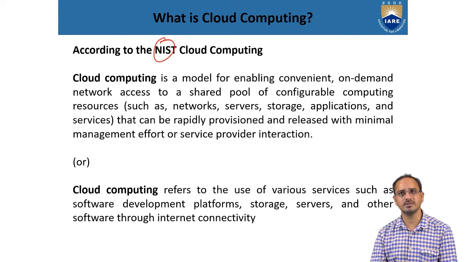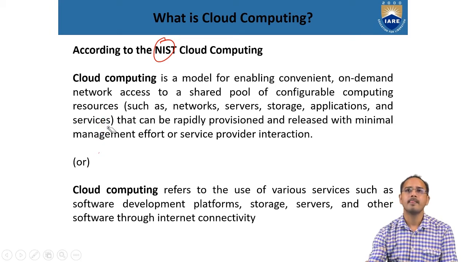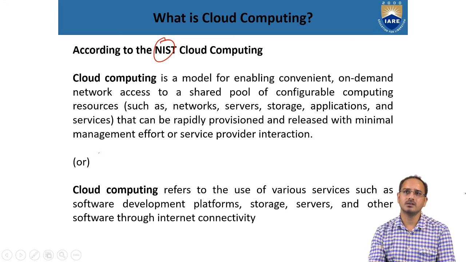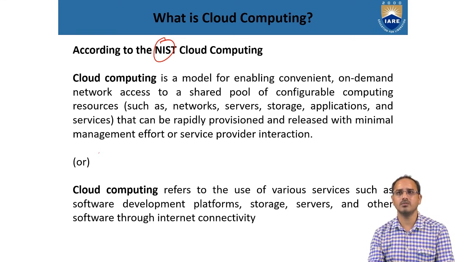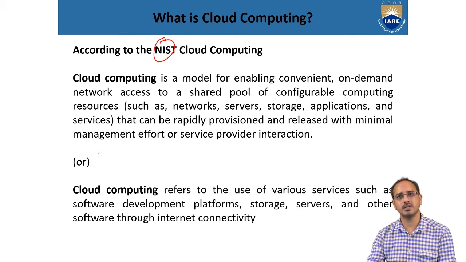The pool of resources is what we have seen: networks, servers, storage, applications, and services. The shared pool of resources is configured together in order to provide the resources, to release the networks, the servers, the storage, the applications and services that can be rapidly provisioned and released with minimal management effort or service provider interaction.